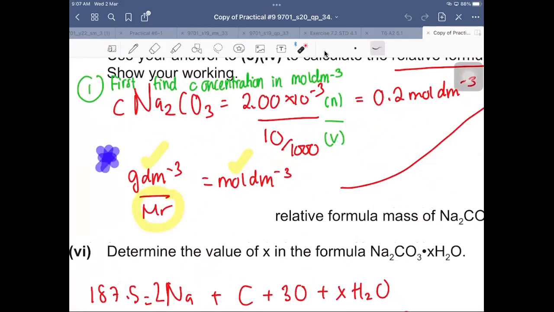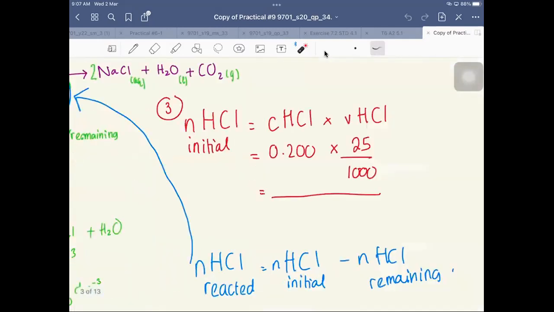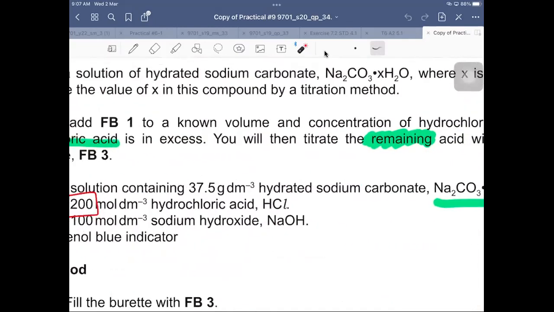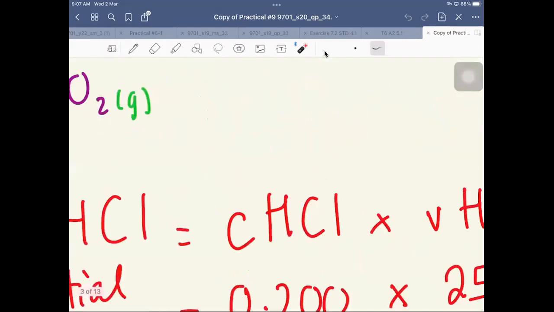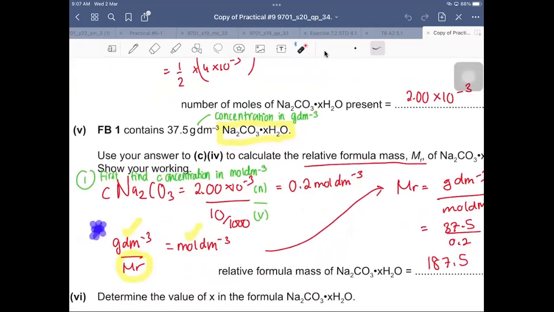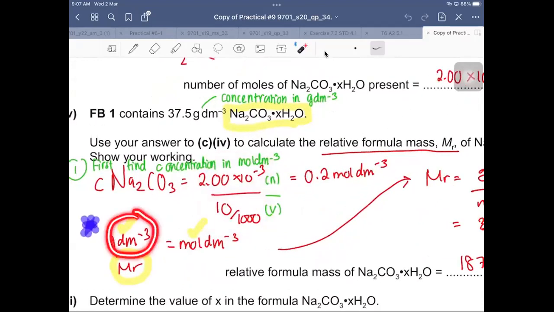Okay, so if you know the concentration in grams per dm cube, which I believe is being given to you already in the first part of the question, where we know the concentration of sodium carbonate is 37.5 grams per dm cube. Using the calculation, you can also find the concentration of sodium carbonate in mole per dm cube.